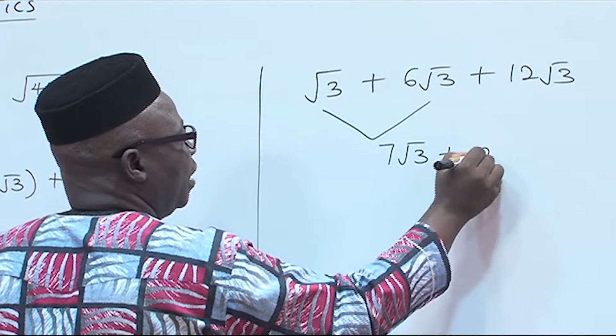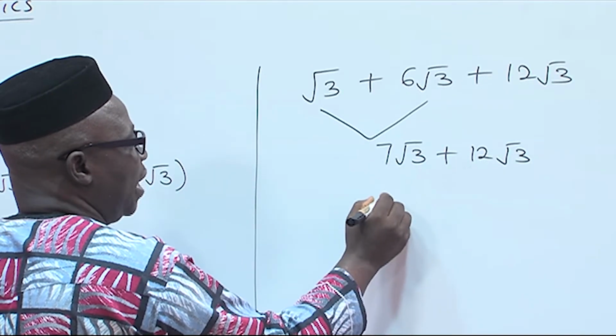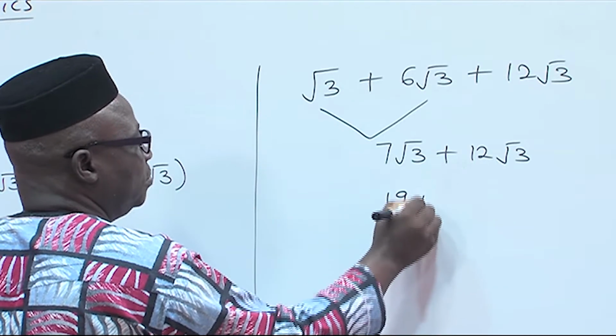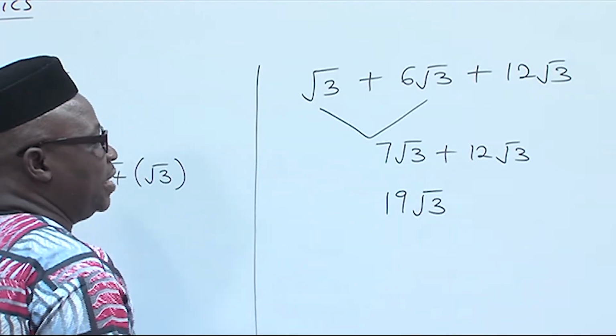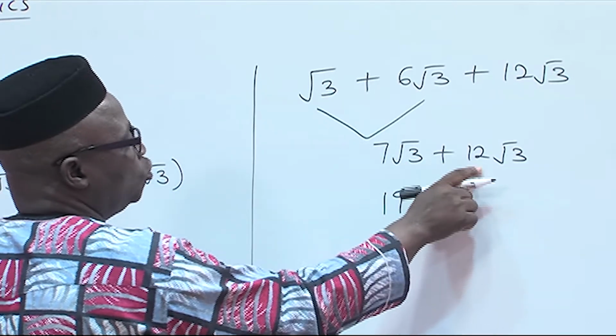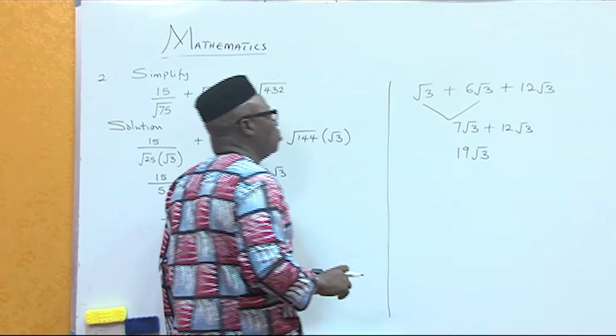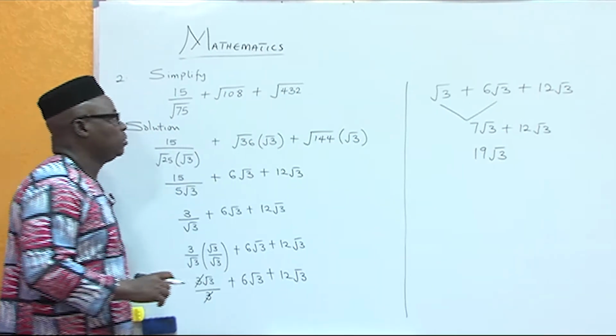Then plus 12 root 3. So doing this addition, I'm going to have 19 root 3 as the final result. It's like saying 7 root 3 plus 12 root 3 is going to be 19 root 3. You can put the solution down in your notebooks.